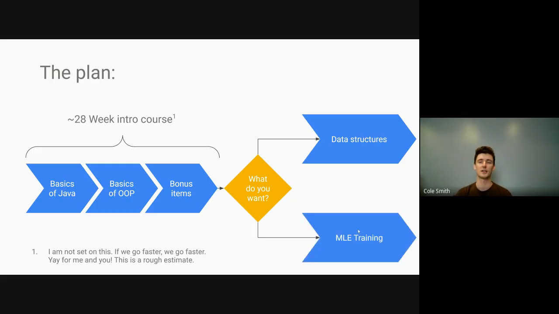And the other option is machine learning engineering training. This is going to be a more real-world practical focus on machine learning engineering. ML engineering is a field that is becoming increasingly popular, where you are basically a software engineer that also knows how to program machine learning models.